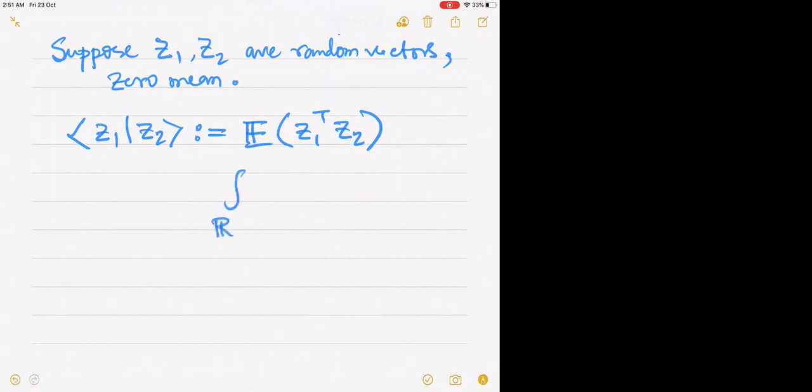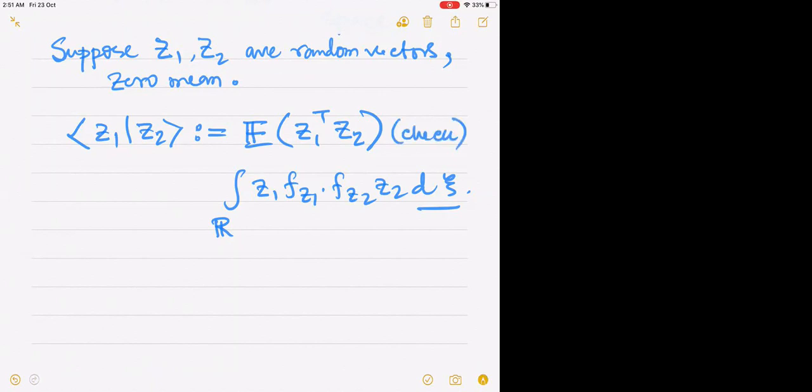It's going to be Z1 f Z1 f Z2 Z2 dx, whatever, d xi. So this basically is an integration, and therefore you can check that this is going to be an inner product.